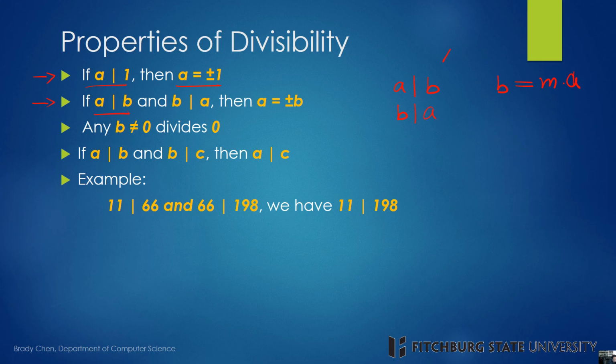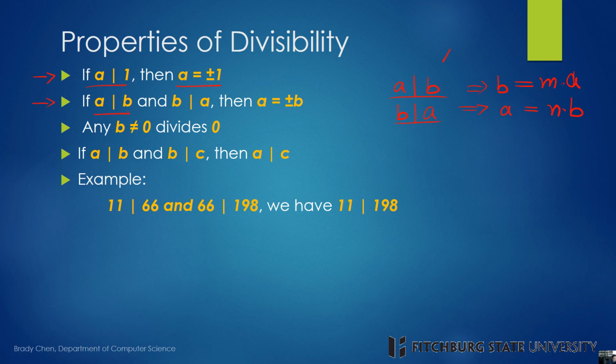That means I can write A as a multiplication of B and a number. In this case, I use n. So these are based on the definition.